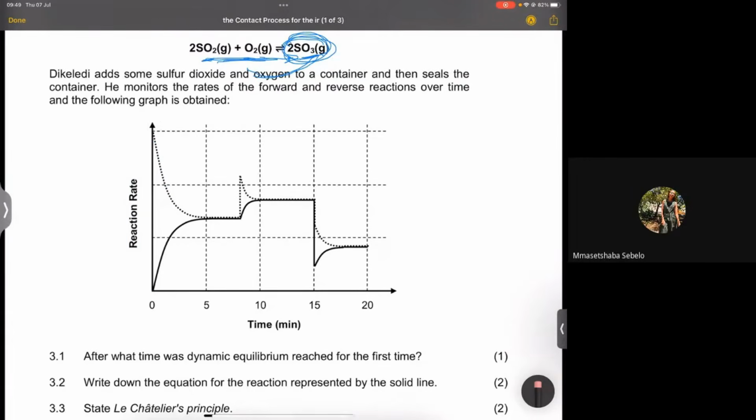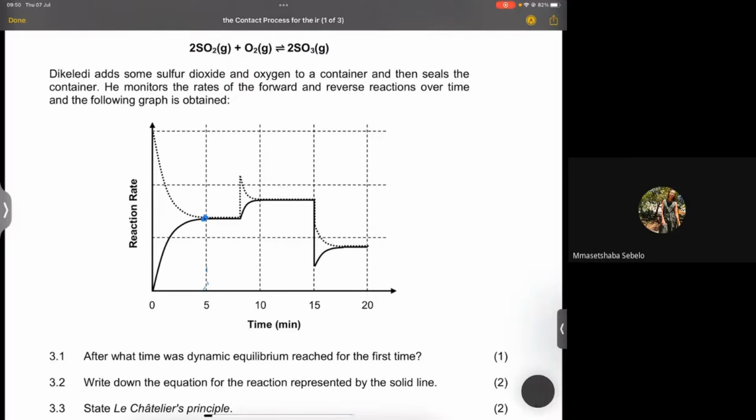Now let's answer the questions. At what time was dynamic equilibrium reached for the first time? It was 5 minutes. Can you see that? This is when we reached dynamic equilibrium for the first time. Then write down the equation for the reaction represented by the solid line. Now they are very smart.